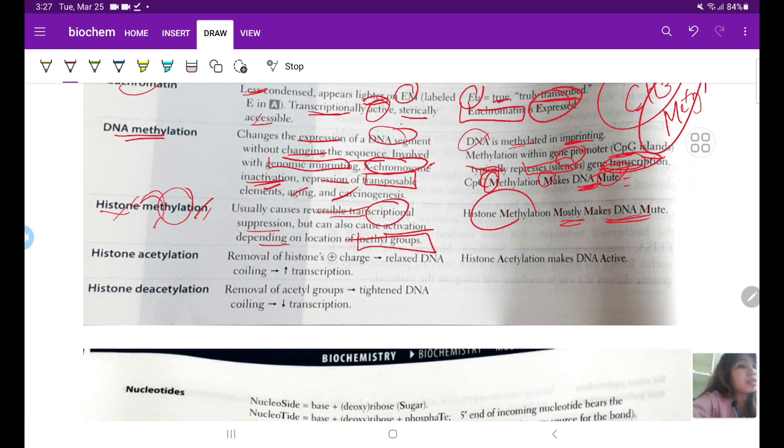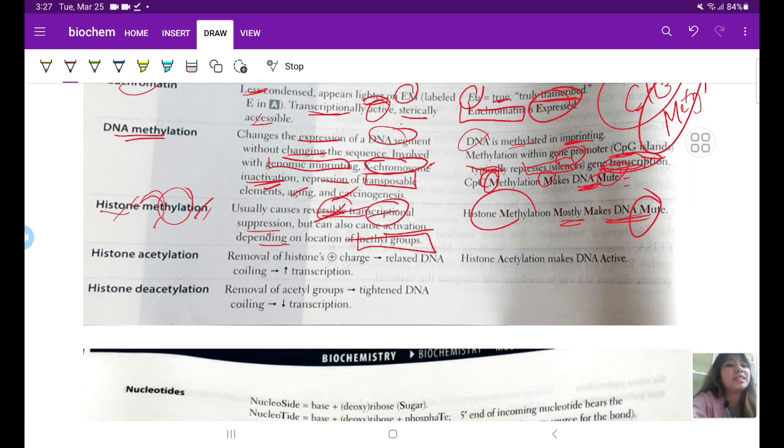In histone methylation, it mostly makes DNA mute, not actually mute all the time, but mostly. So, it usually causes reversible transcriptional suppression, but it can also cause activation depending on the location of the methyl groups. So, it really depends on the location of the methyl groups.